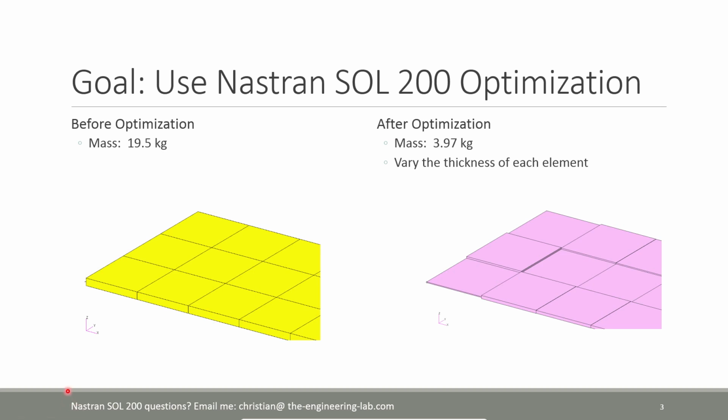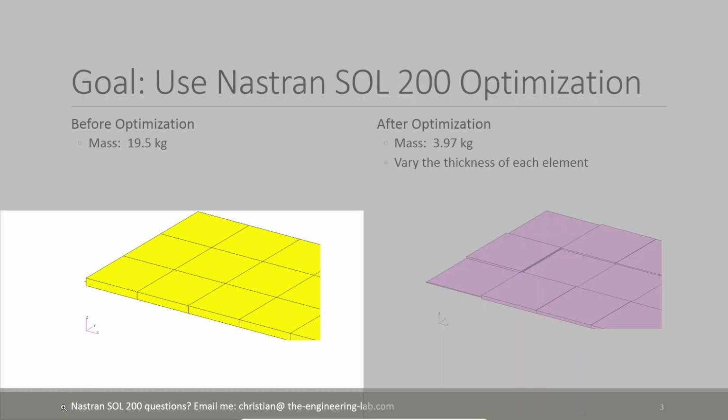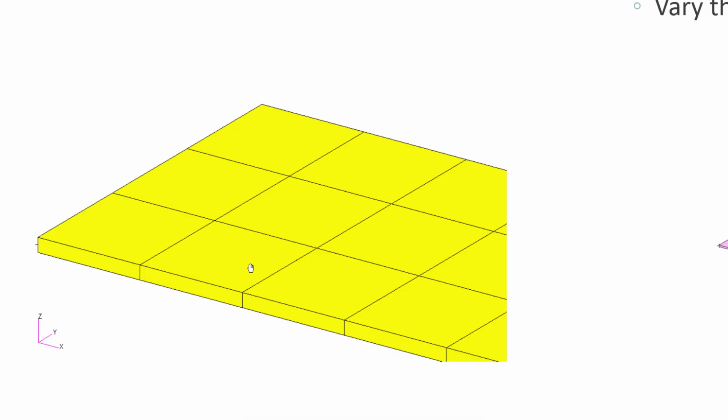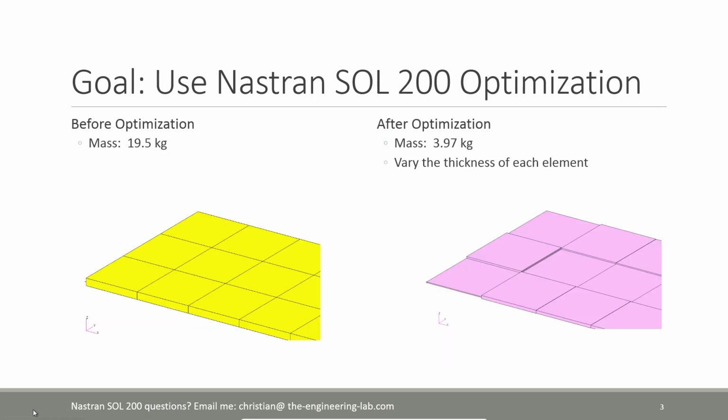To start off, let's go over what element by element optimization is. Here you can see that we have some plate with some thickness. Let's switch to the pen. Let's suppose that each element is driven by a single value T for thickness.